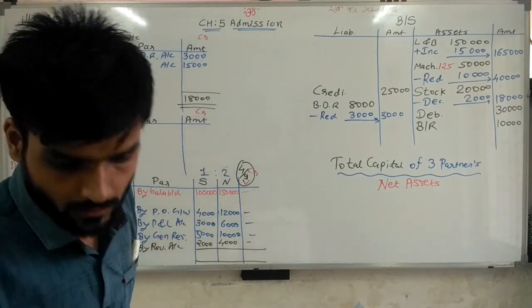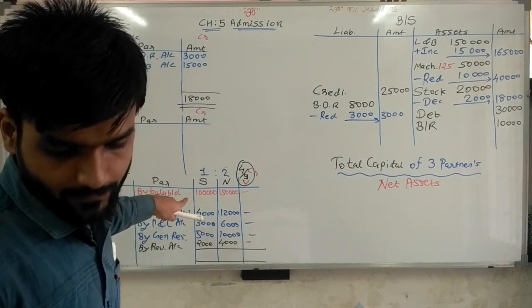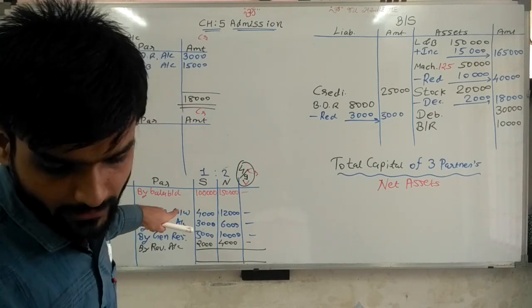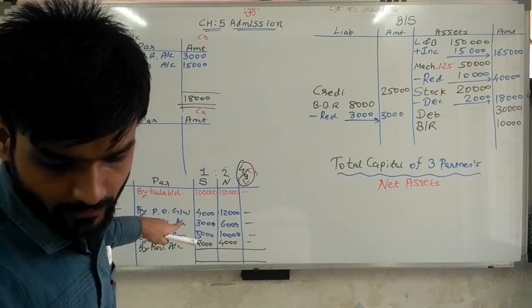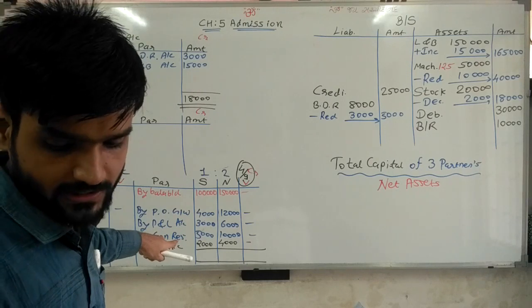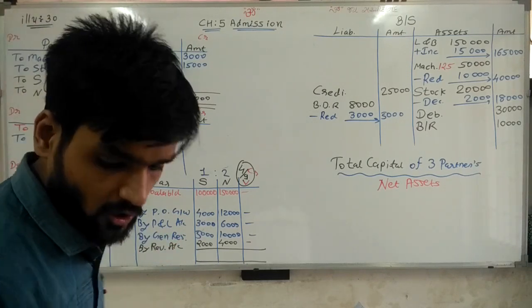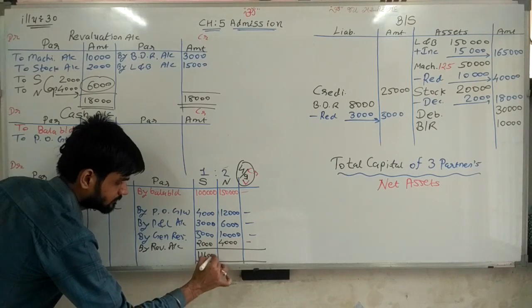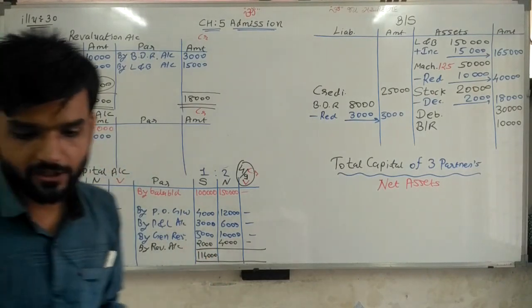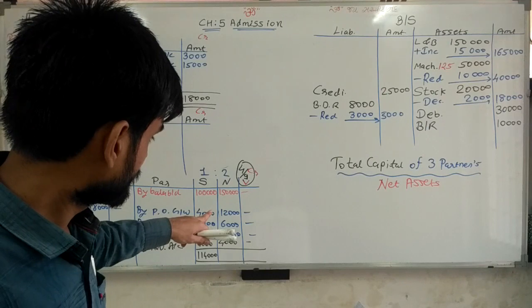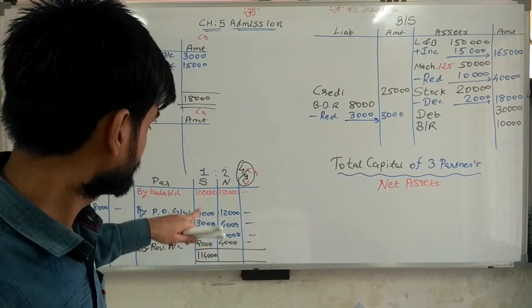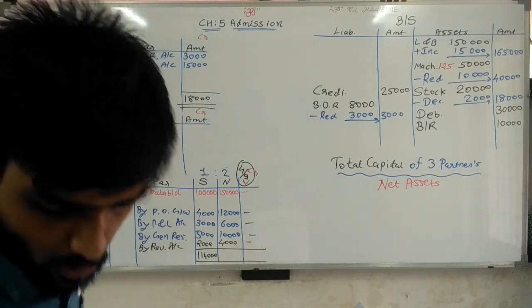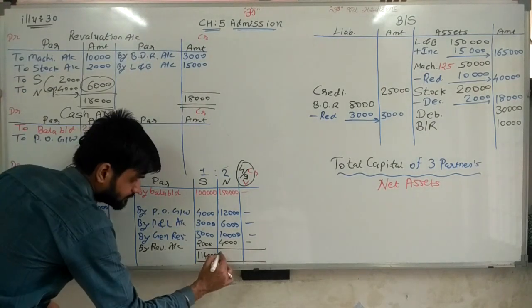So 1 lakh rupees, 4,000 rupees, 3,000 rupees, 5,000 rupees and 2,000 rupees. Total of it is 1,14,000. Going ahead, 150,000, 12,000, 6,000, 10,000 and 4,000. Total is 182,000.